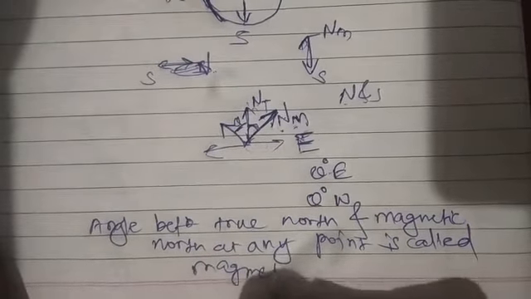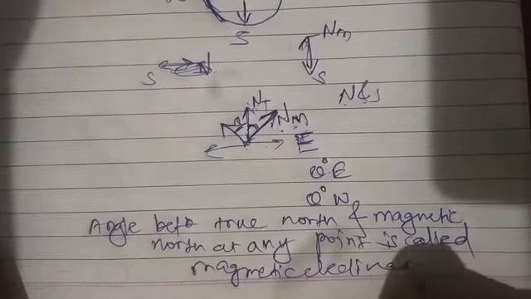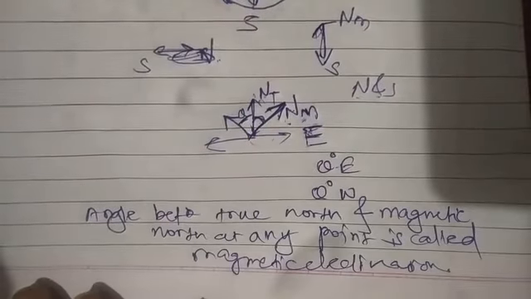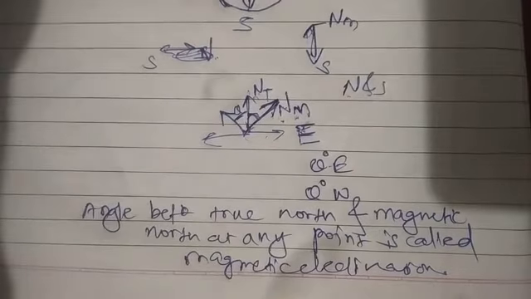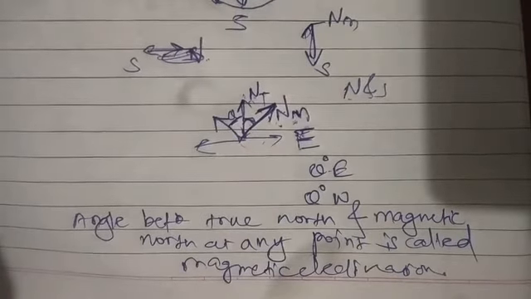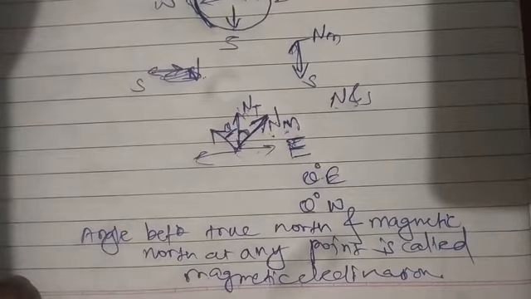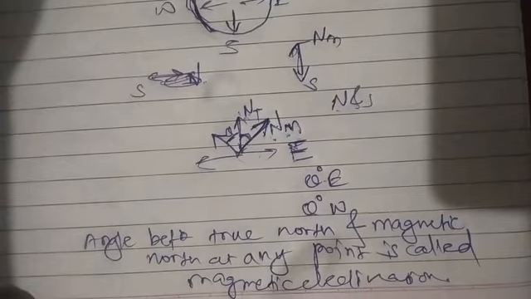Okay. So this is the definition of magnetic declination. Many times the question is asked on this to define magnetic declination. So you should write this definition. First of all, we should understand what is magnetic declination, so that we will not forget the definition.